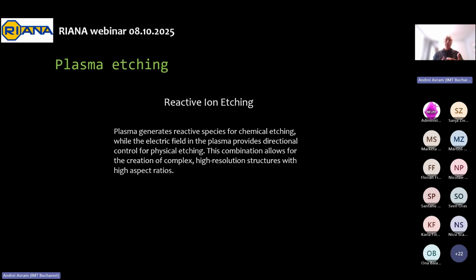And reactive ion etching is a combination of the chemical etching and the ion bombardment or the sputtering. It basically uses the best of both worlds, but also allows you to control a little bit more the etch profiles, the etch rates, and so on. We will talk more during our examples.